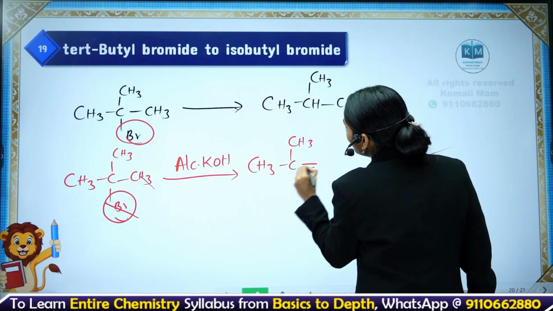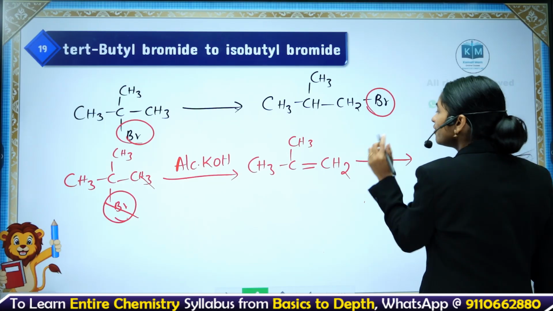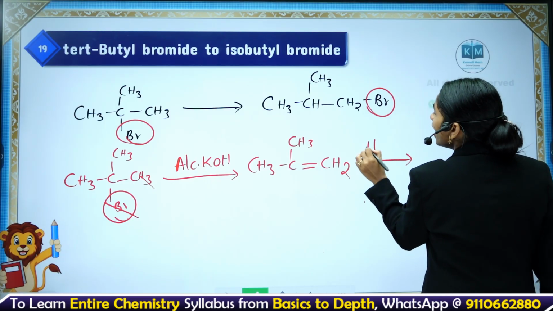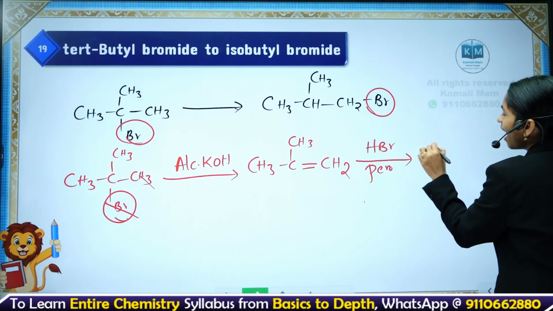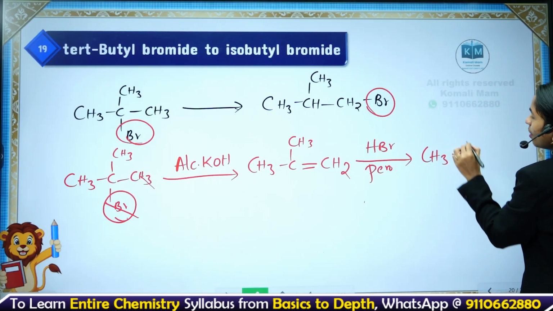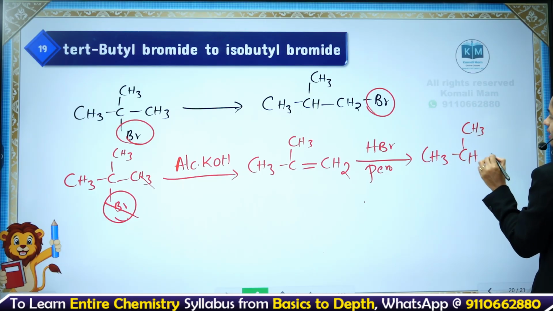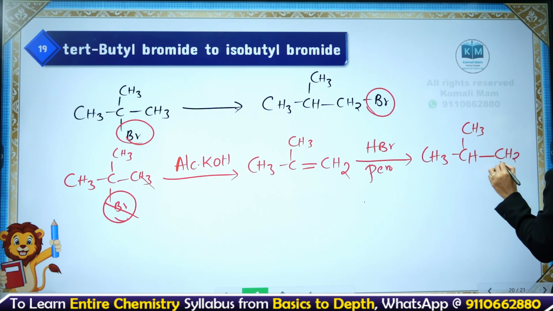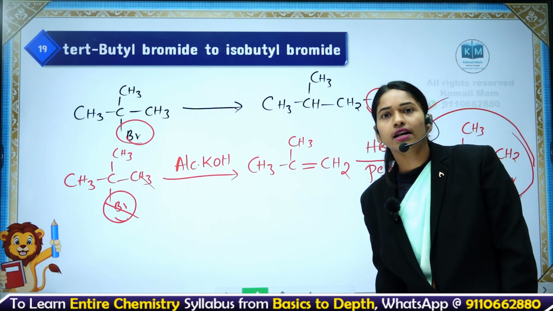CH3, here double bond CH2, and then you want Br at the first position. So what is the reagent? HBr in presence of peroxides. Then anti-Markovnikov's rule, the double bond breaks, H plus comes to the carbon having fewer hydrogens, Br comes to the carbon having more hydrogens, and this is our product. Clear? Isobutyl bromide is the product.